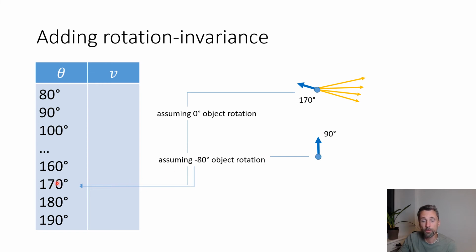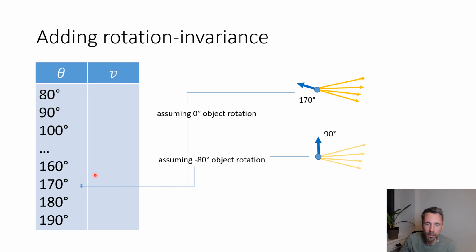Okay, so objects that originally had a gradient direction of 170 would appear as 90 degrees, or those edges would be observed as 90 degrees. Okay, so we look up those center locations, V or VI.